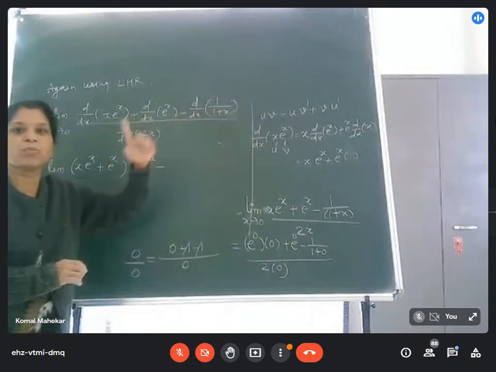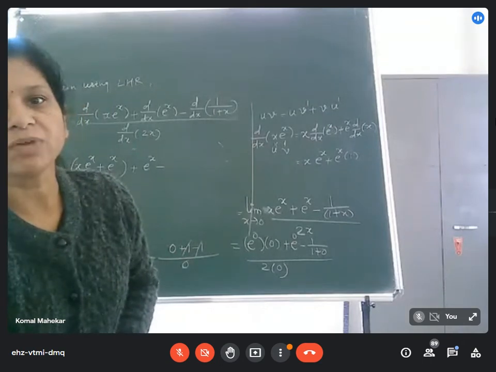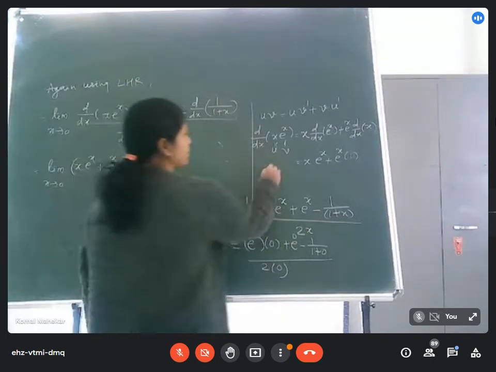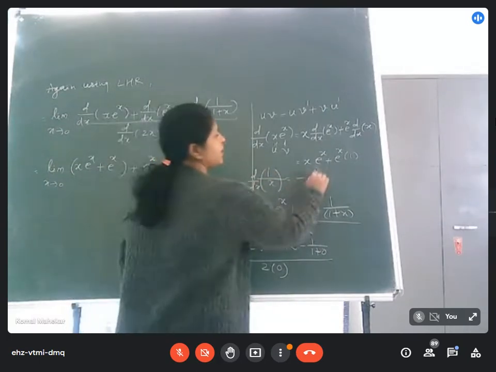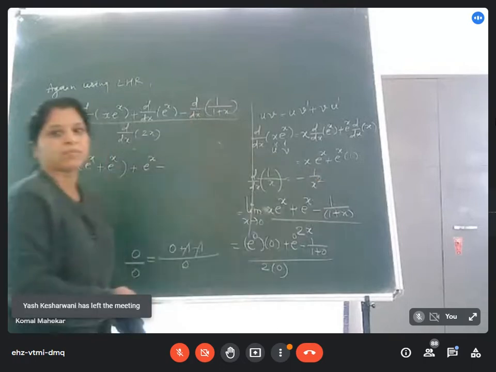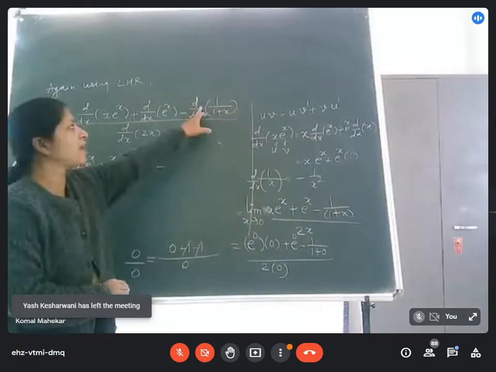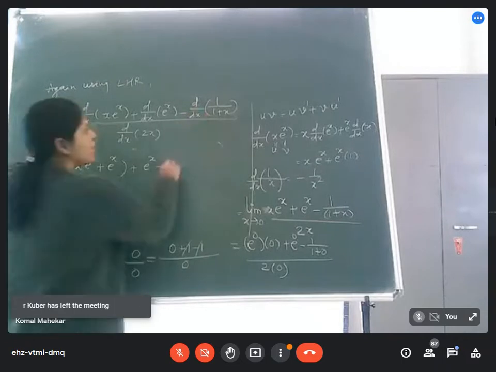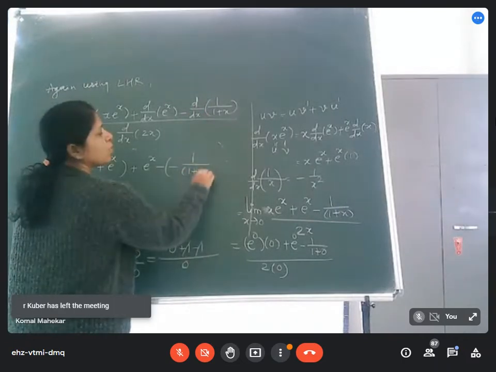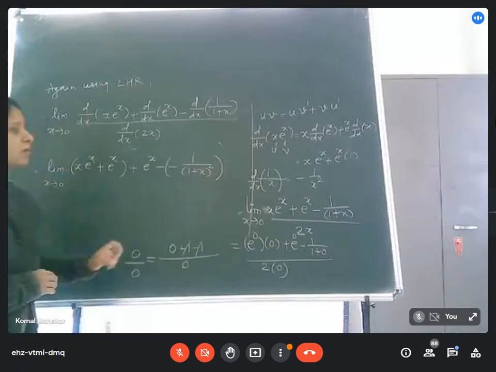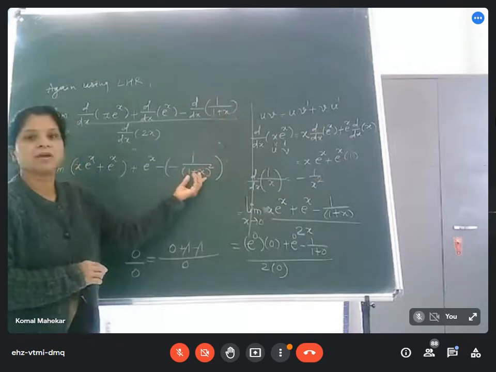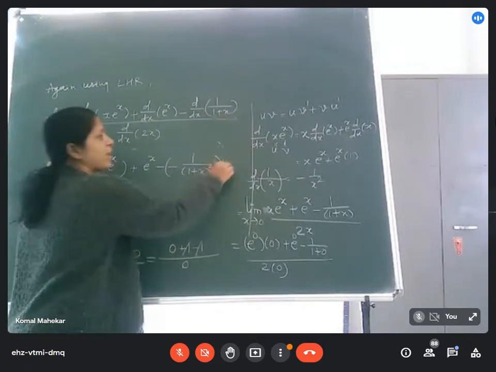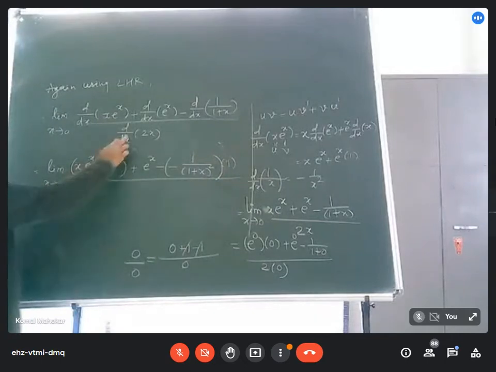We know that the derivative of 1 by x is minus 1 by x square. So according to that, derivative of 1 upon 1 plus x will be minus 1 upon 1 plus x whole bracket square, into d by dx of 1 plus x, that is 0 plus 1, that is multiplied by 1. And whole term is divided by d by dx of 2x with respect to x, that is only 2.